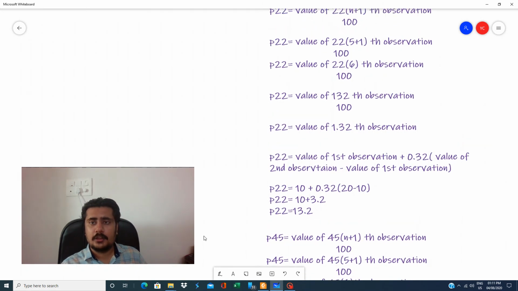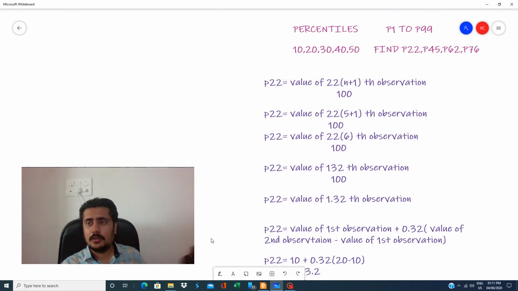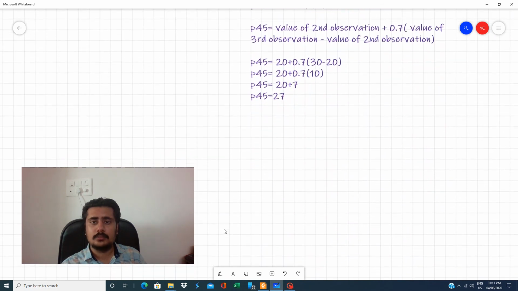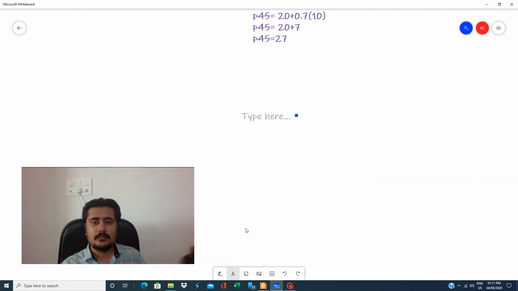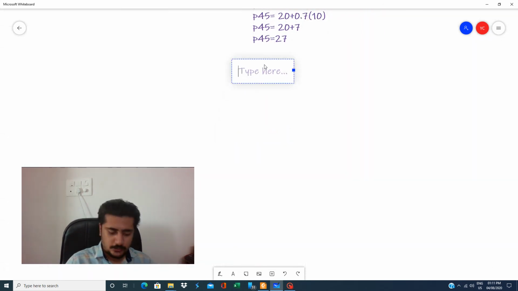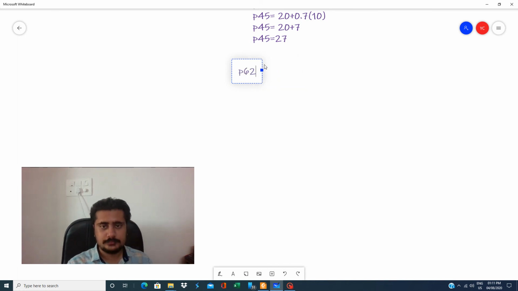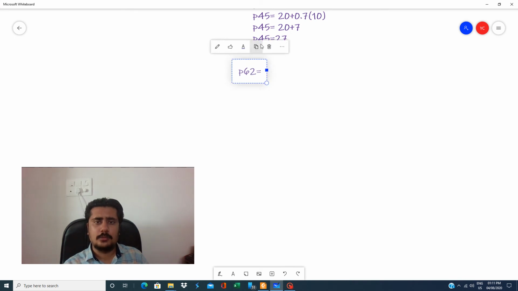After P45, what I need to solve? I need to solve P62. Let's solve P62. Now I think you got the actual rhythm of solving the sum. Okay.